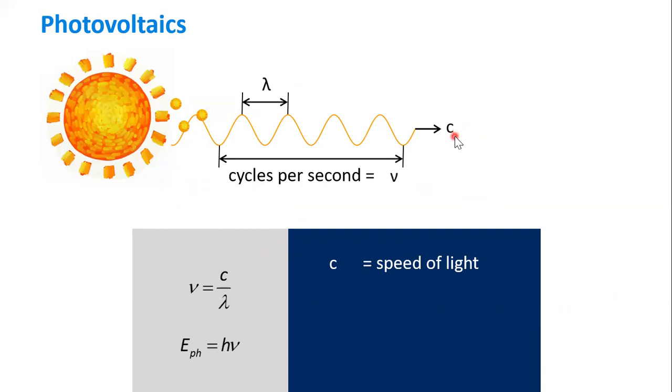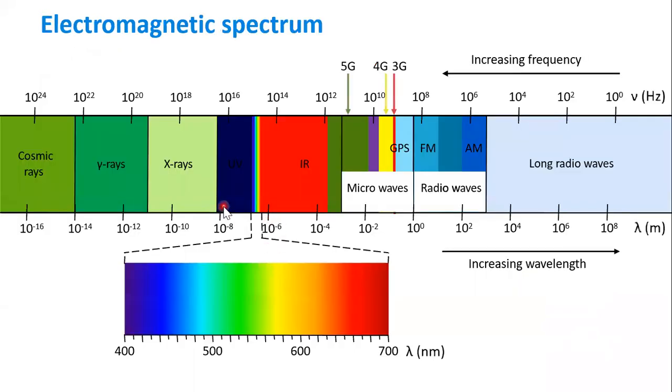Each photon has a frequency nu, or we can call it also has a wavelength lambda, where the frequency and the lambda are correlated with this constant c, which is, of course, the speed of light. The energy of a photon can be calculated knowing the frequency using this h, which is a Planck's constant. Sun transmits us a big range of frequencies.